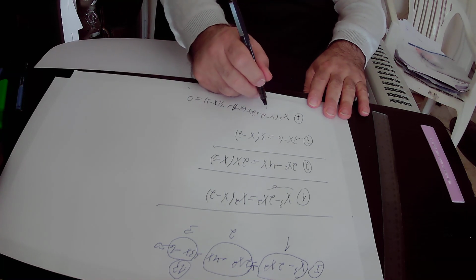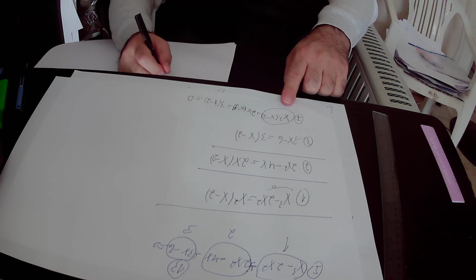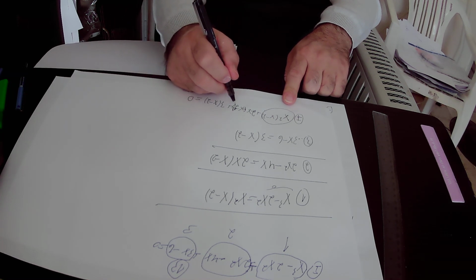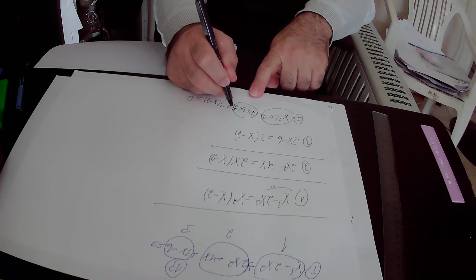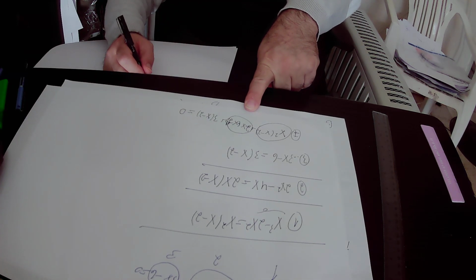What is left from this expression after we took x minus 2 as a common factor? It is actually x squared. And what is left from this expression after we took x minus 2 as a common factor? It is actually 2x.